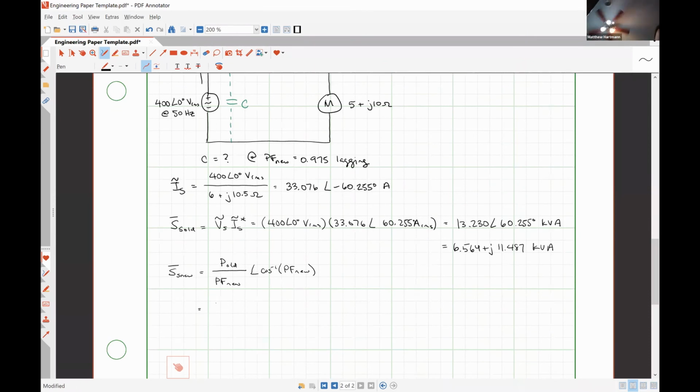So that's going to be 6.564 kilowatts divided by 0.975 with an angle of inverse cosine 0.975.